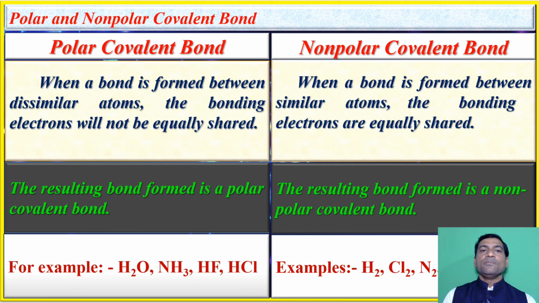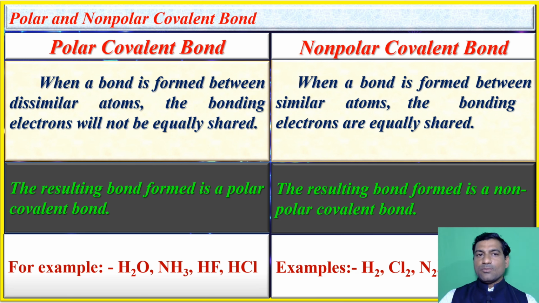And the bond formed between dissimilar atoms, the bonding electrons will not be shared equally, so that bond is called a polar covalent bond. Means if dissimilar atoms form a bond, that is called a polar covalent bond, and if similar atoms form a bond, that bond is called a non-polar covalent bond.